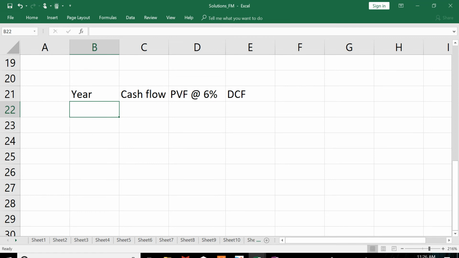How many years is the cash flow? First year is 5,000 into 8%, 400 plus 1,000 rupees of principal.